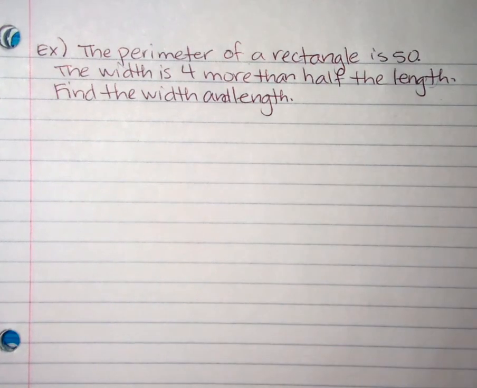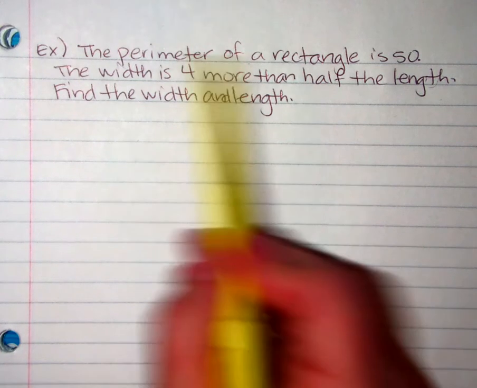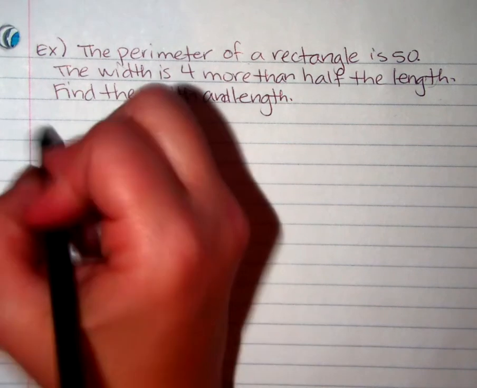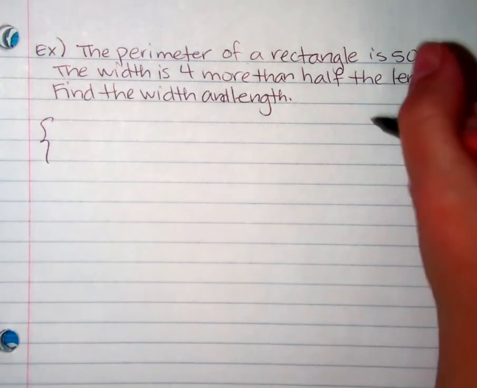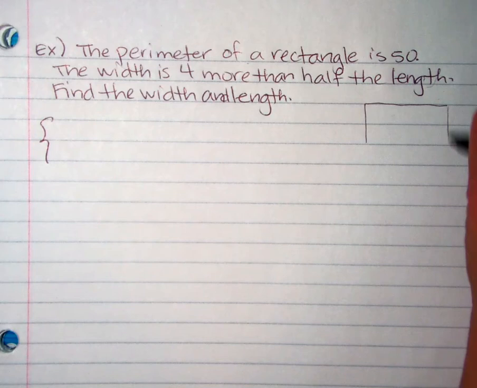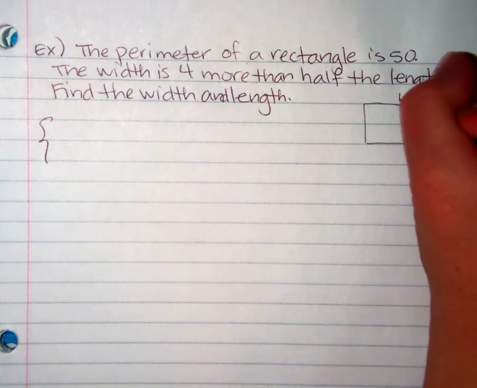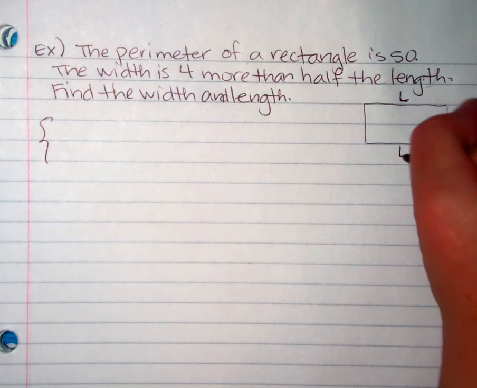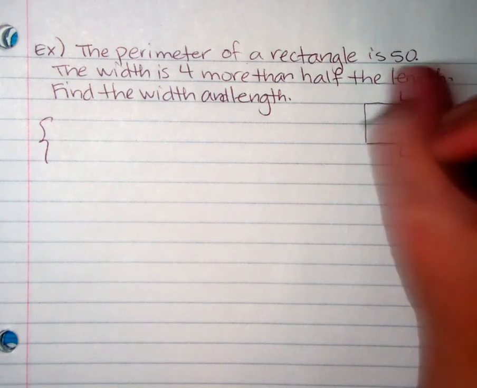And so when I translate my system, the first one says the perimeter of a rectangle is 50. So in my system, I need to think about what a rectangle looks like. If this is considered the length of the rectangle, this is also the length, a width and a width.